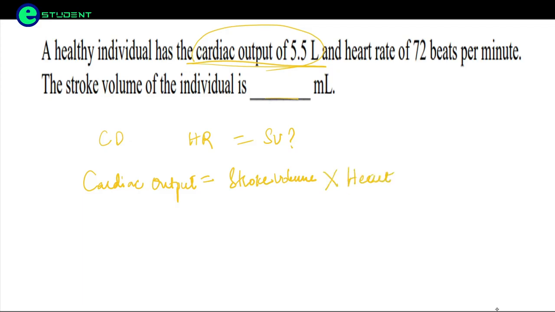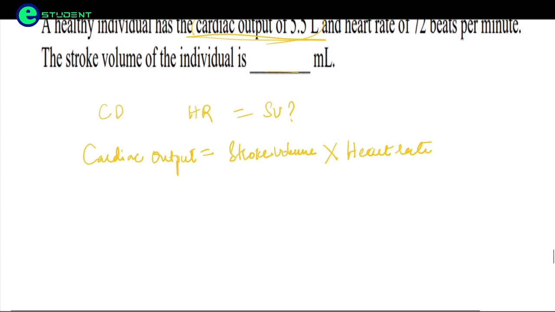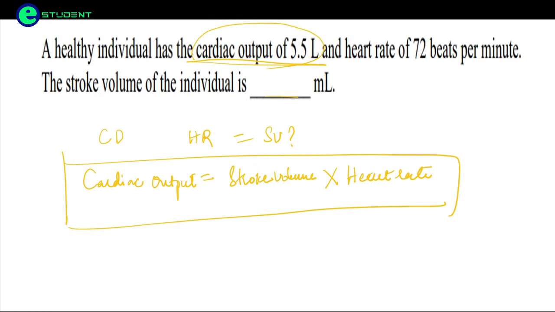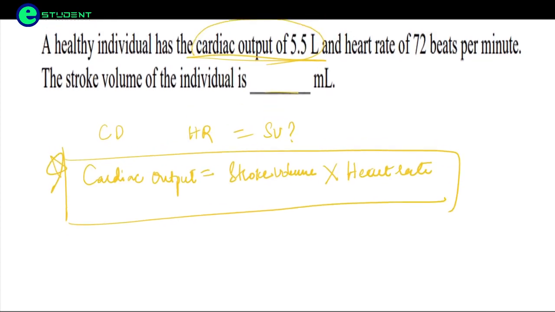Okay, so this is actually a question from animal physiology. We can't do anything here, we just have to remember the formula. This formula is something which has to be remembered. Here they are asking stroke volume in ml, but cardiac output is given in liters.